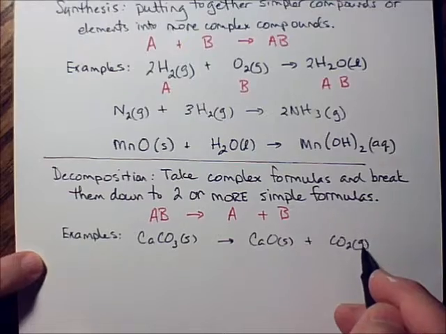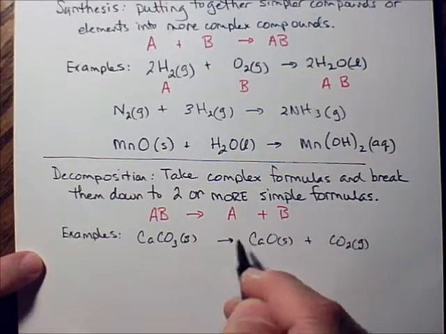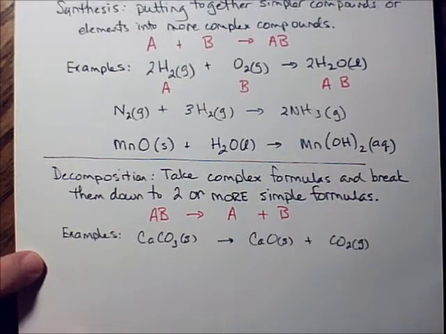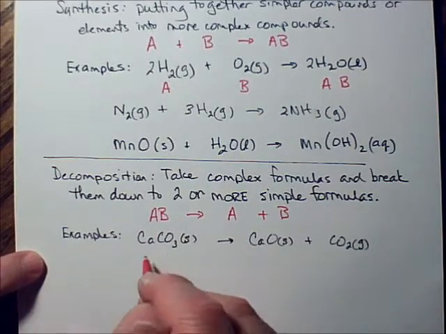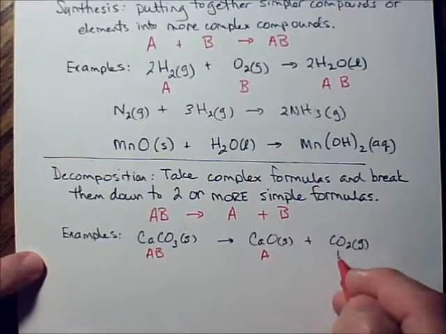That's a G over here. Here, S and S. So I hope that you can see that you have an AB form that becomes A and B.